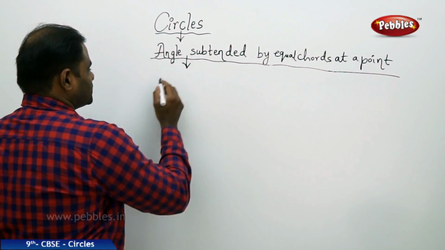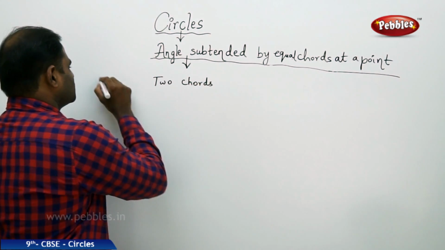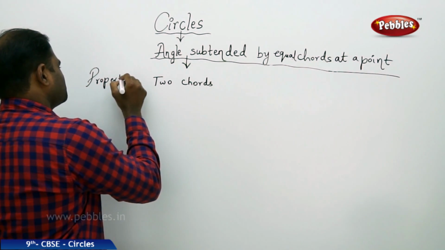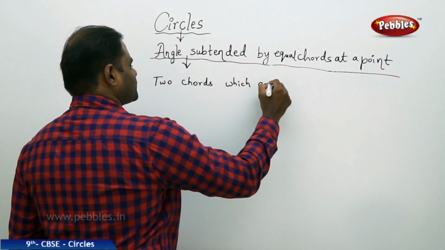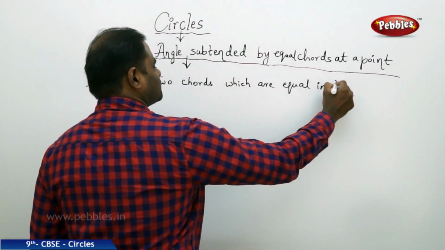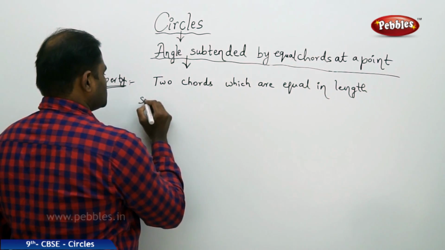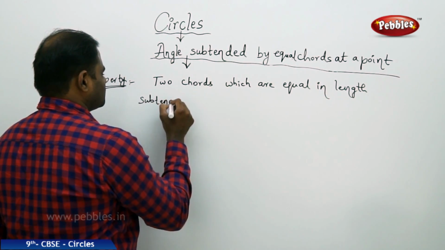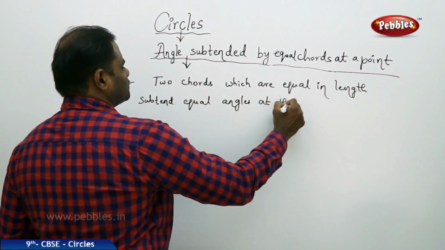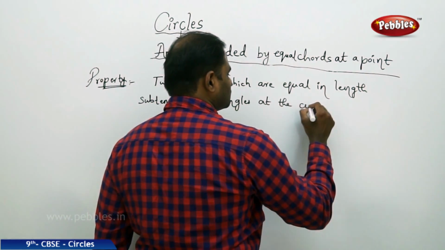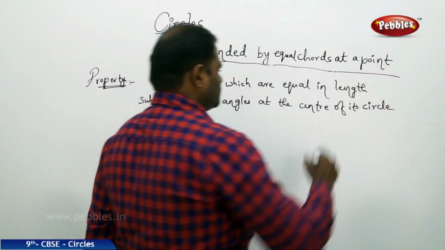So the property here says that two chords which are equal in length subtend equal angles at the center of its circle.